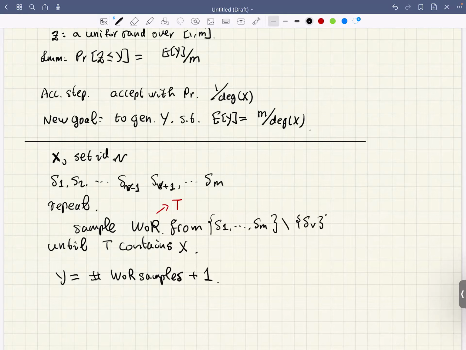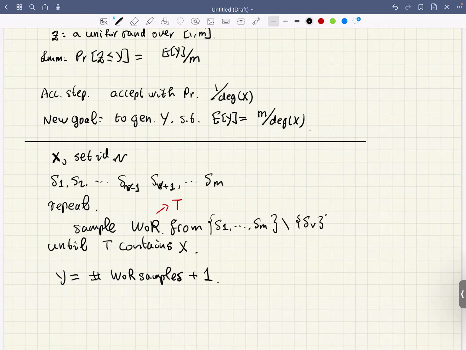Now consider another extreme. Say the degree is m. If the degree is m, then how many samples do you need here? Wait a minute, if the degree is m, the expectation should be 1. Then what is wrong?